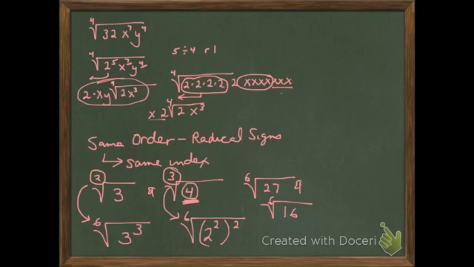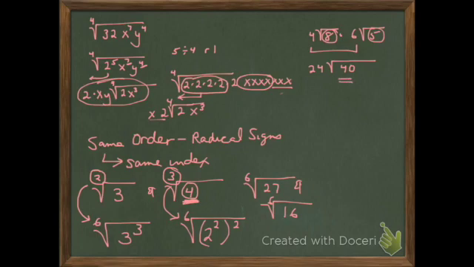Otherwise, when I'm multiplying radicals, I might have 4 the square root of 8 times 6 the square root of 5. And I would multiply my whole numbers, and I would multiply my radicands. Then I would simplify.